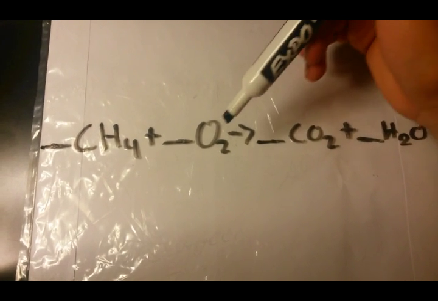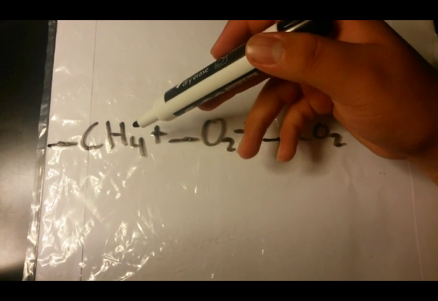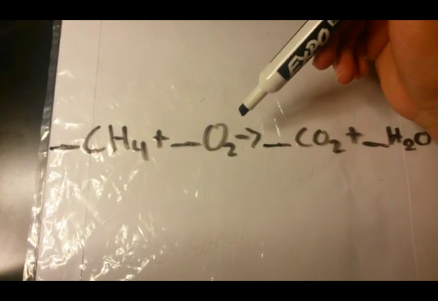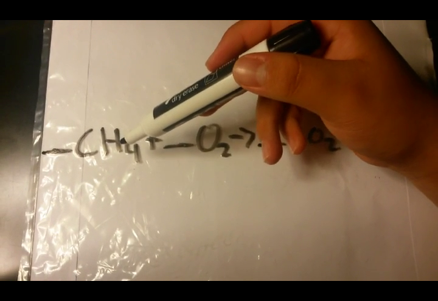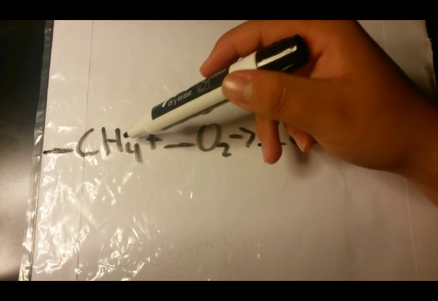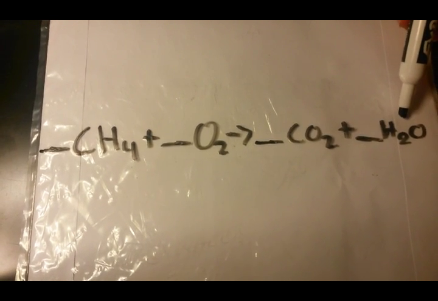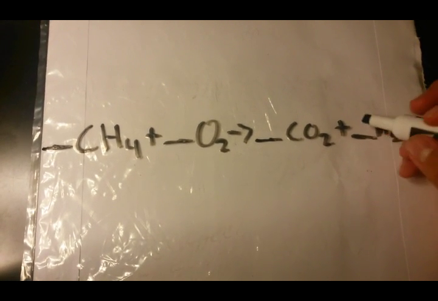You could just start with one element, which could be the hydrogen, the carbon, or the oxygen. Let's start with the hydrogen. Over here we have 4 hydrogen elements, and over here we only have 2 hydrogen elements. To balance it out, all you have to do is put 2.